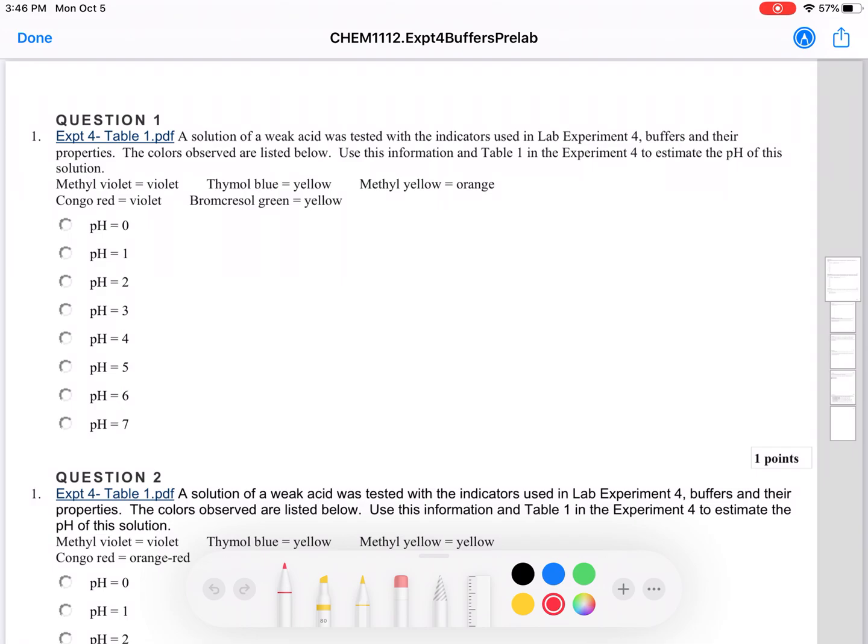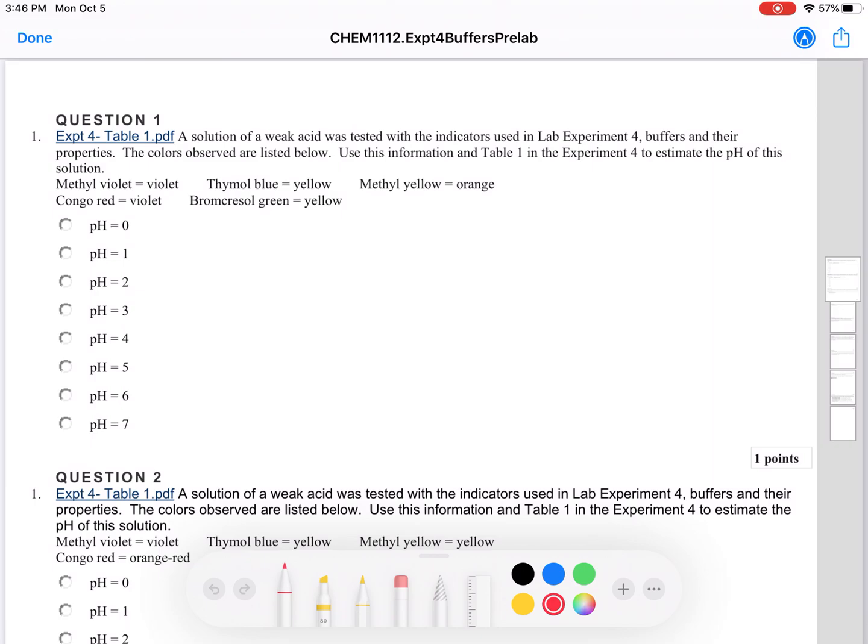In this solution, if you put a drop of methyl violet, it becomes violet in color. In thymol blue, it's going to be yellow. In methyl orange, you put a couple of drops and that gives you an orange color. With Congo red, the solution becomes violet, and with bromocresol green, the solution becomes yellow.